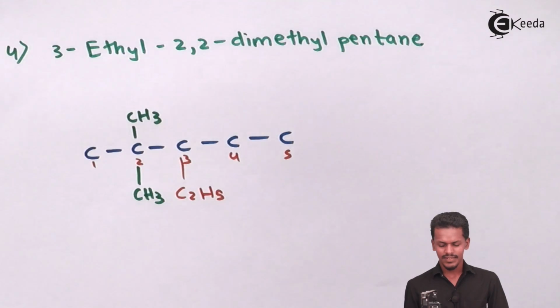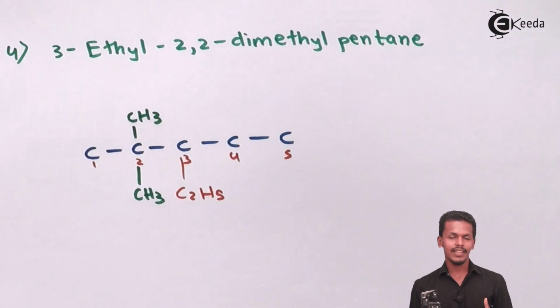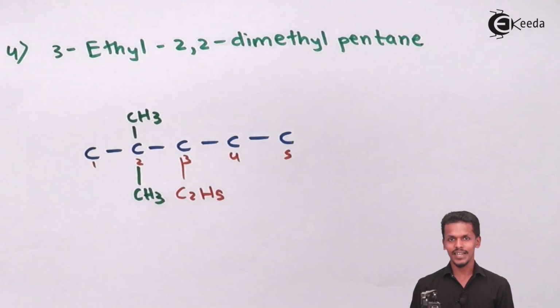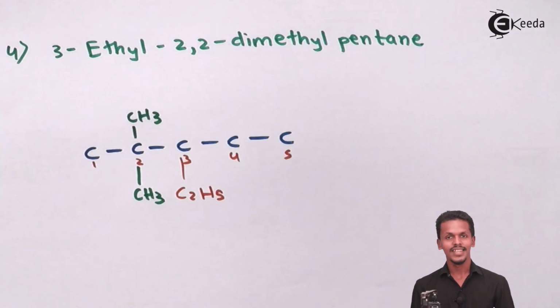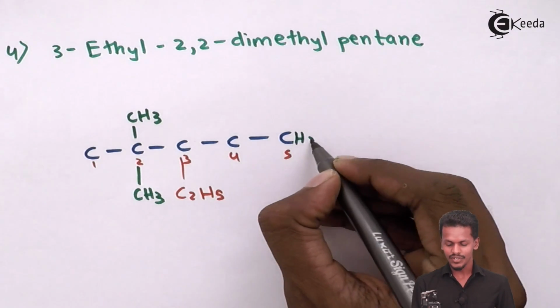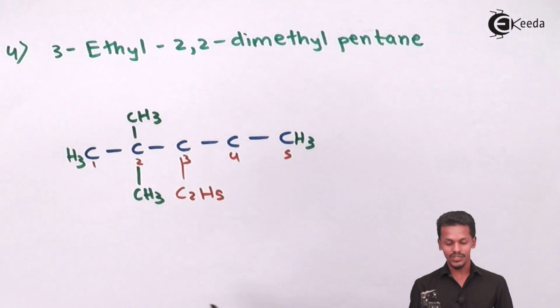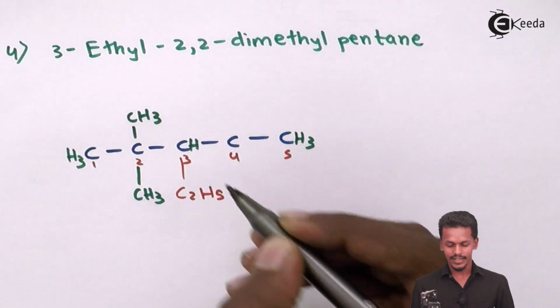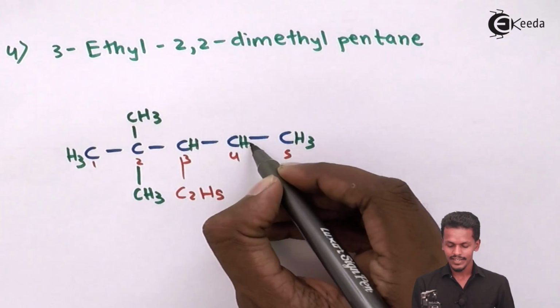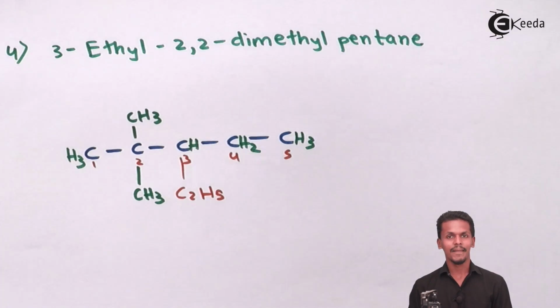And now most of the work is done. The only thing remaining is to fulfill the hydrogen atoms or the valency of the carbon atom. So we'll fill it by H3, here also by H3. No need to fill the hydrogen here because the carbon atom is fulfilled with its valency in this case, and now I will fill it here as CH, and here as CH2. Very simple.